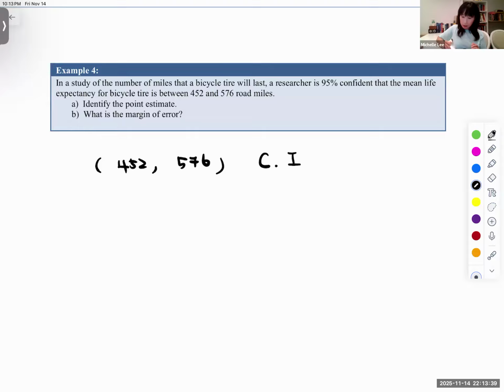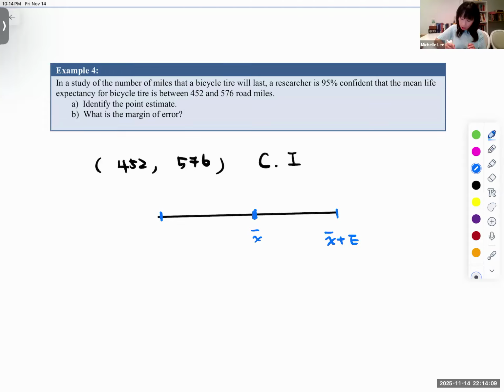Look, the point estimate is in the middle, right? So in that case, x bar, and this will be x bar plus margin of error. Yeah, let's make it just equal.